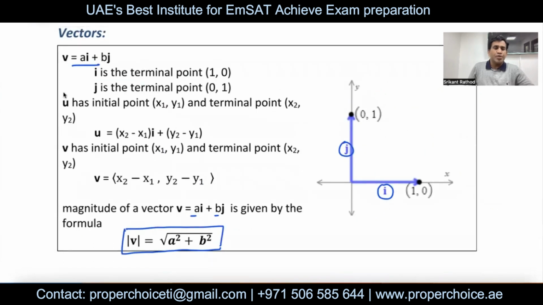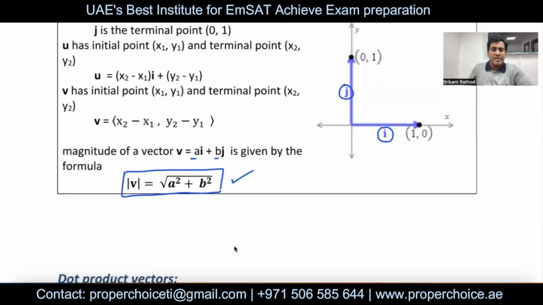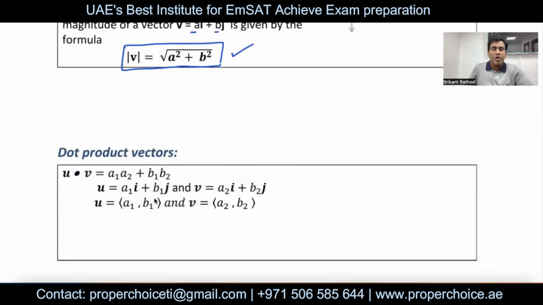Before going to the next question, see what formulas have been given here. The vector formula has been given in general notation, and how to find the magnitude has been given to us. You can also see how we find the dot product of the vectors. When they ask you to find the dot product, we write u dot v equals a1 into a2 plus b1 into b2.